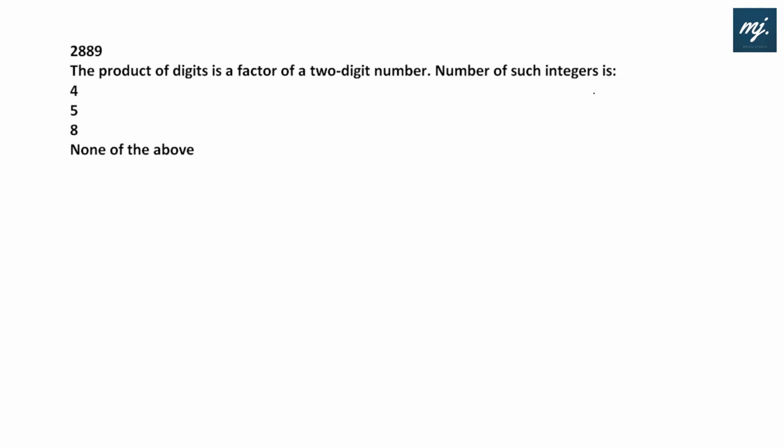Number of such integers is, we have a 2-digit number, let it be xy, then the 2-digit number is 10x plus y. Now the product of digits is a factor, that means this number is divisible by x into y. Now if I divide my number 10x plus y by xy, what will I get?